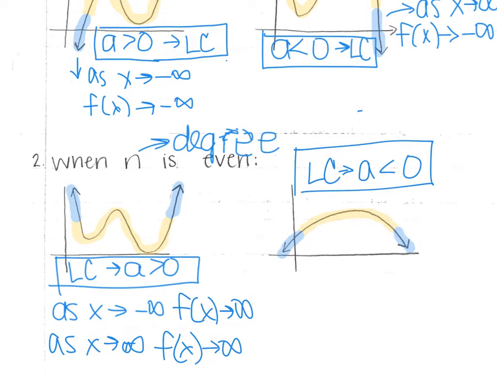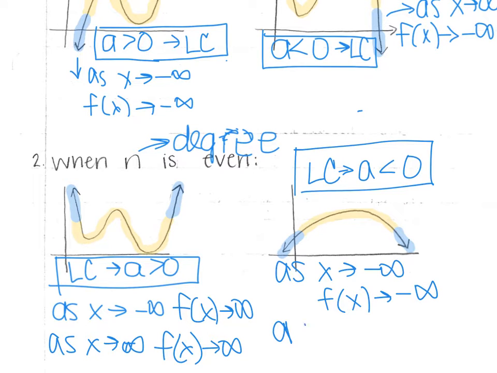This one is a parabola. So here, as x approaches negative infinity, so the farther and farther out that we go to the left on our x-axis, f of x is approaching negative infinity. So f of x is also getting smaller.